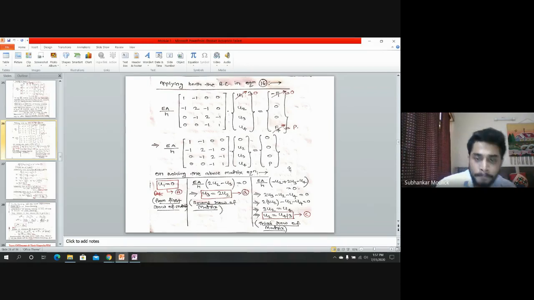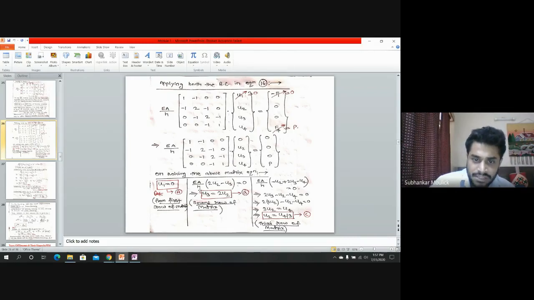Let us solve. From the first row, already U1 is 0. From the second row, multiplying the second row with the first column: minus 1 into 0 is 0, plus 2 into U2 is 2U2, minus 1 into U3 is minus U3, plus 0 into U4 is 0, which is equal to 0.